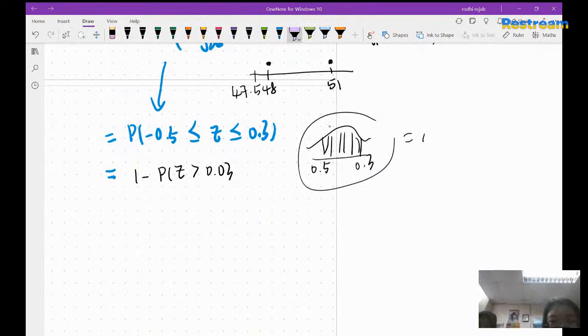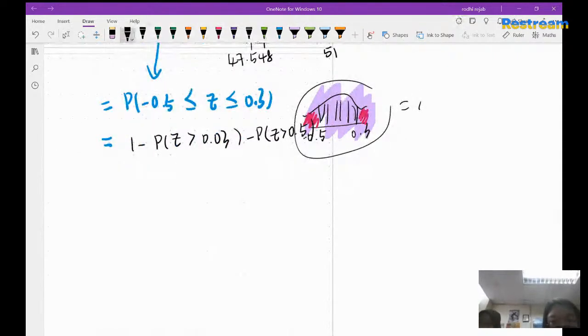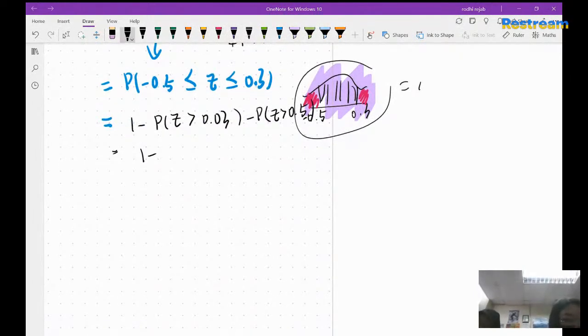So kami ambil the whole area tolak yang warna merah ini dan tolak yang ini juga. Okay, so P(Z) ada negatif. So, refer to table. Kami akan dapat, okay, so jawapan dia 0.3094. Okay, so that's all for these questions.